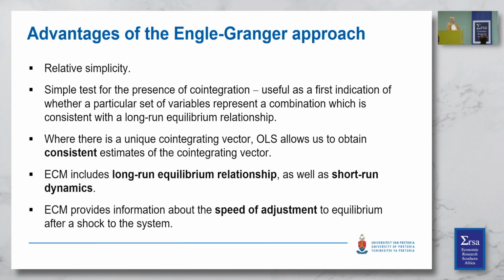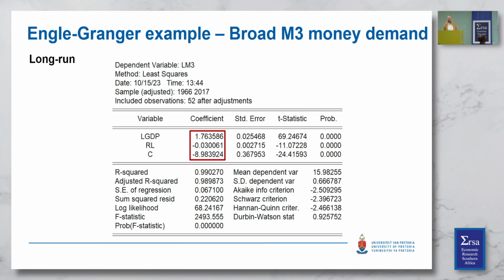The limitation is, however, that only when there's one co-integrating vector can we claim that we have consistent estimates. So this is an example that we've seen before.